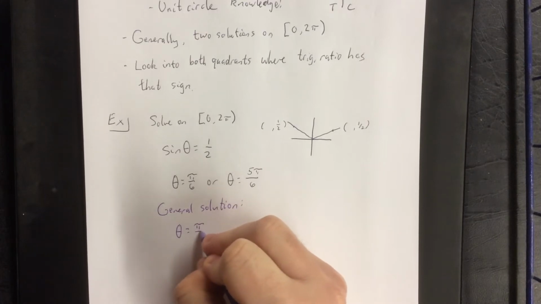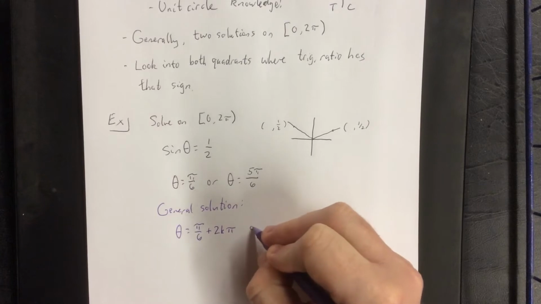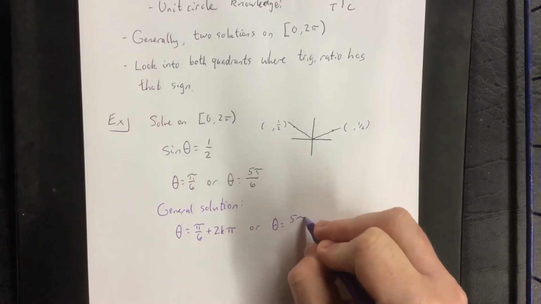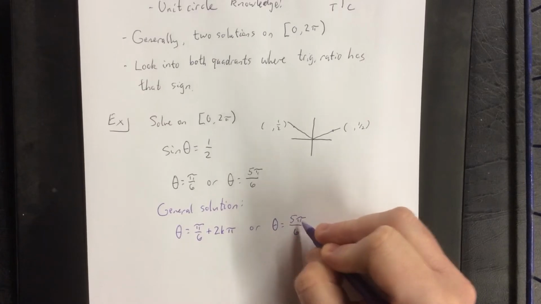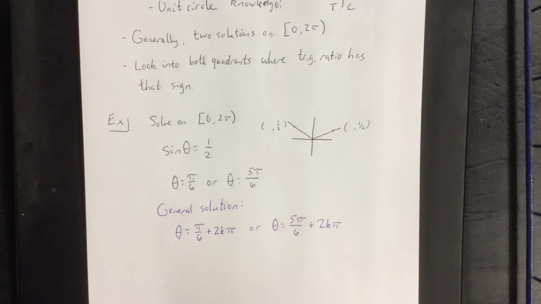The way that we create things that are coterminal to a given angle is by adding multiples of a full revolution. In radians, that would be an integer times 2 pi. The integer that we use is described as k. So rather than saying 2 pi times k, we frequently just say 2k pi.